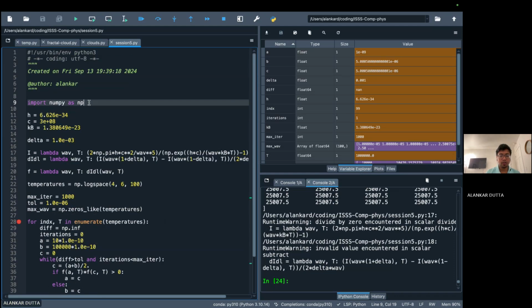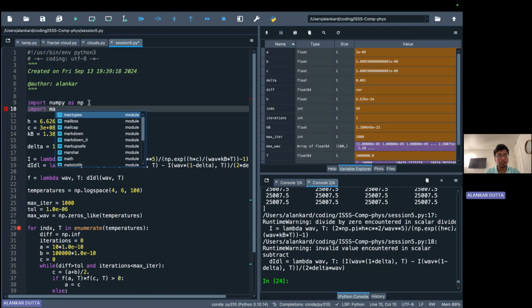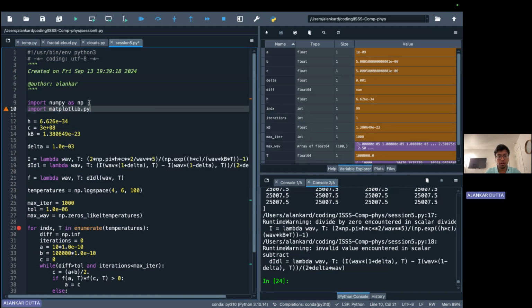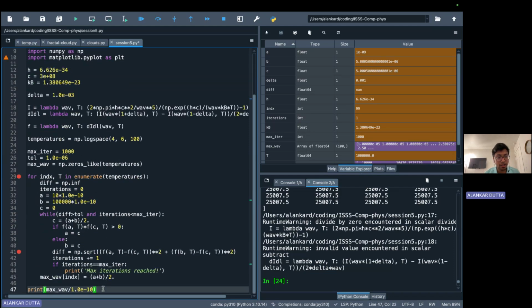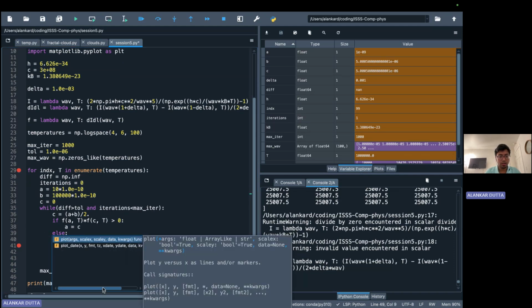So let's have matplotlib dot pyplot as plt. This is going to give us a plot. And now what we are going to plot in here is plt dot plot temp.